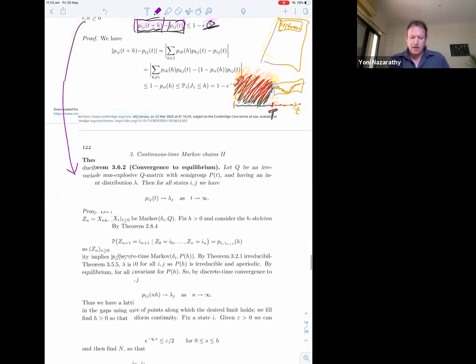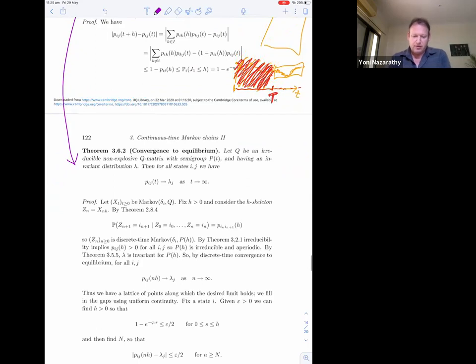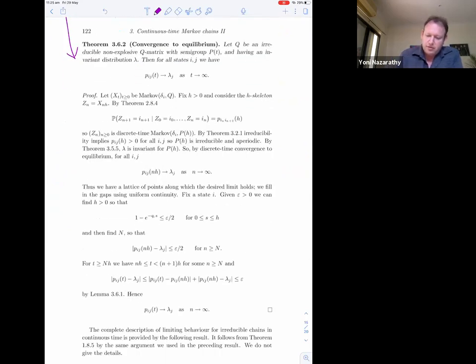So here is theorem 3.6.2. Let Q be irreducible. Again, we're speaking about these nice Markov chains, irreducible. If you have other classes that are transient, then you'll run into them, or if you have multiple classes, the stationary distribution depends on which class you're in. So we're speaking about the nicer case: it's irreducible, and we're not speaking about explosiveness.